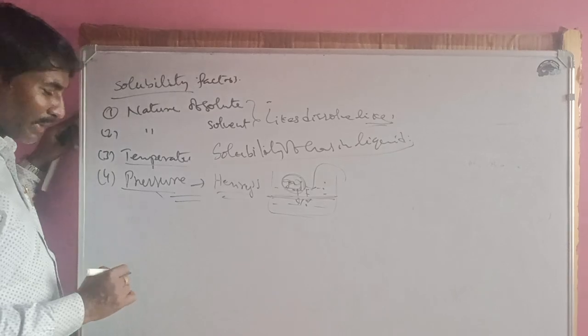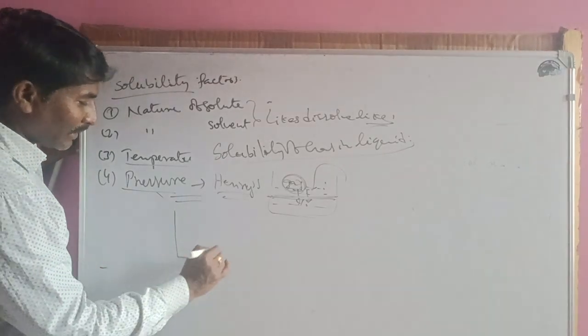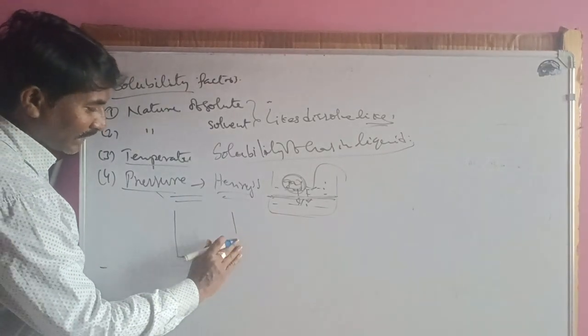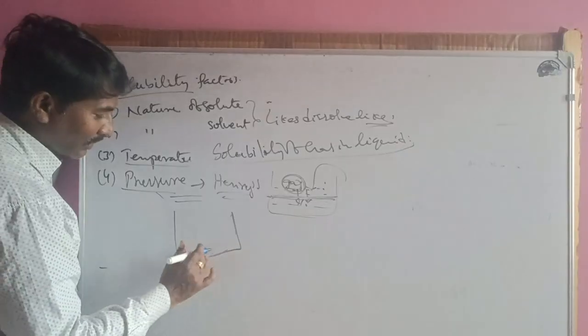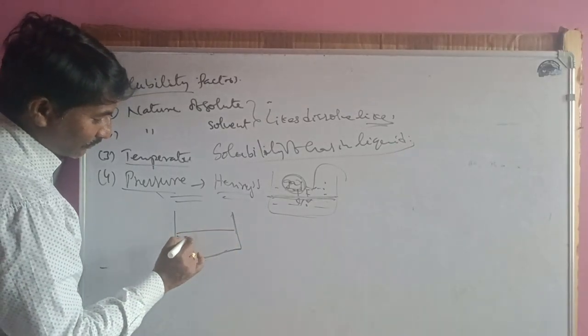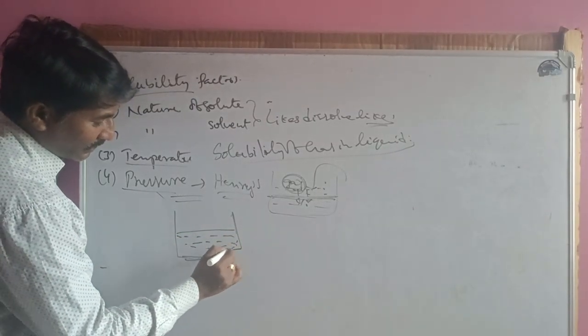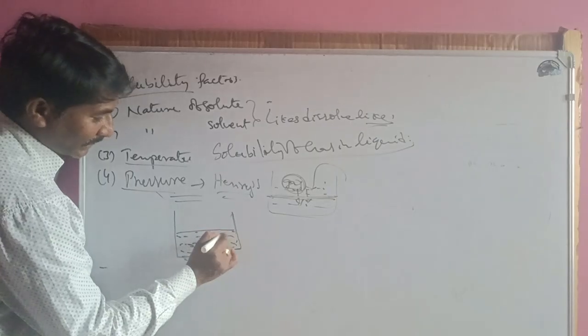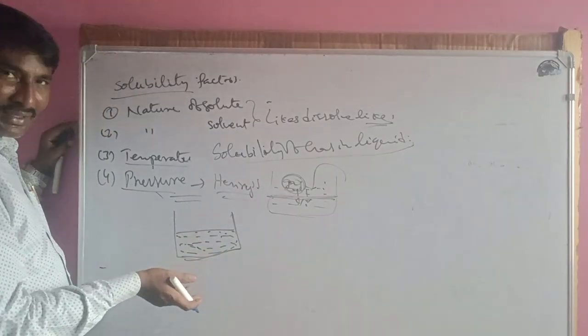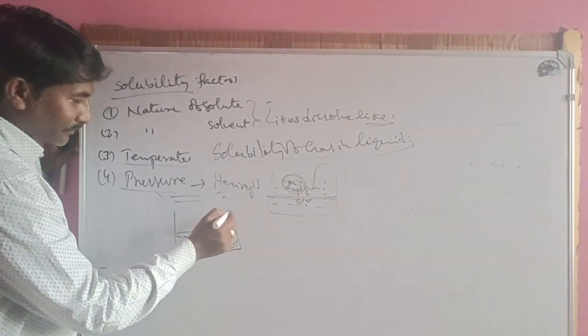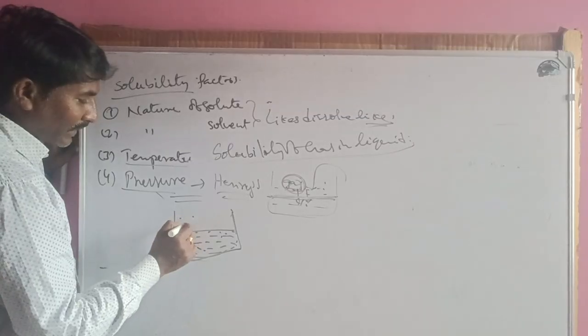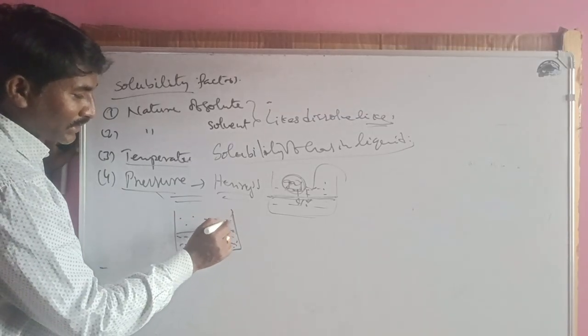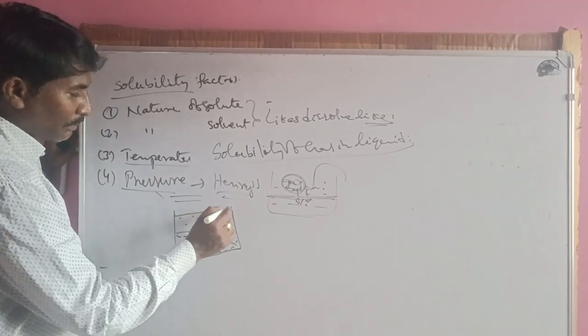He explained this by using an experiment with a container. A liquid is taken in one container, and gaseous particles are above it. It is closed with a piston. First, keep one weight on the piston.